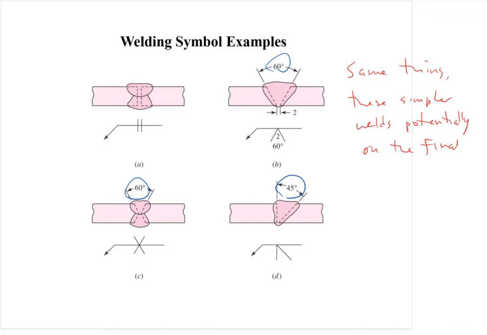Here we see the different implementation of, if there is none, this implies 60 degrees. This implies 45 degrees. So if there is no angle call out, you go to the defaults for the double V or the single V, whatever you want to call it, of 60 and 45. This is loosely speaking what the welds will end up looking like, the little blobs before you grind it off.